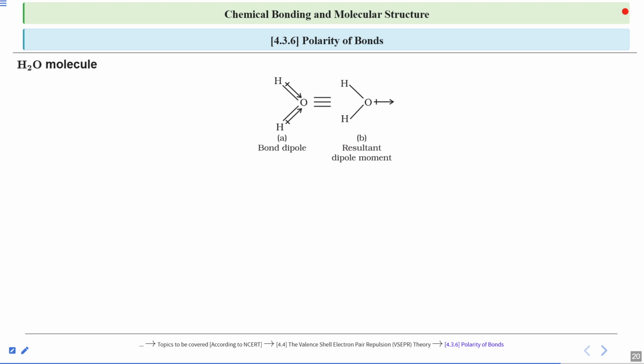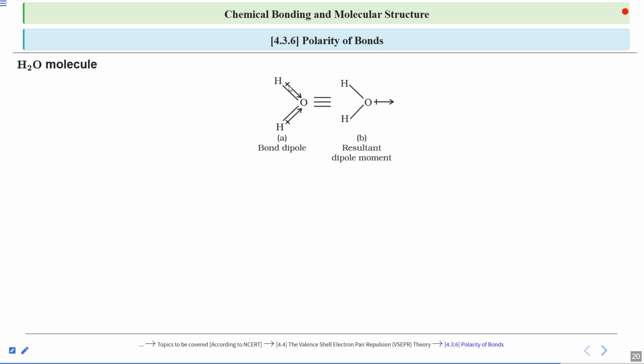Remember, I've talked about a convention for how you should put the cross arrow. What was that convention? How do we know that your dipole moment arrow would start from hydrogen and end at oxygen? It's very simple. If you take one OH bond, the oxygen has a greater electronegativity. So it will have a delta negative charge, whereas your hydrogen will have a delta positive charge due to the difference in electronegativity.